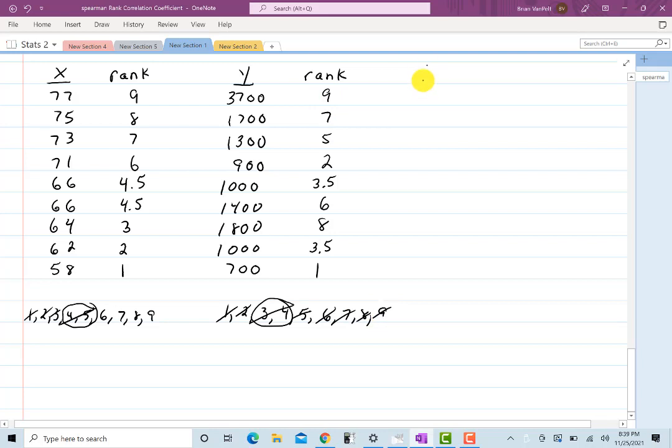And now let's go ahead and get our values for D. This is where you take the difference of the ranks. So for this first row here, I have a rank of 9 minus a rank of 9. That gives me a 0.